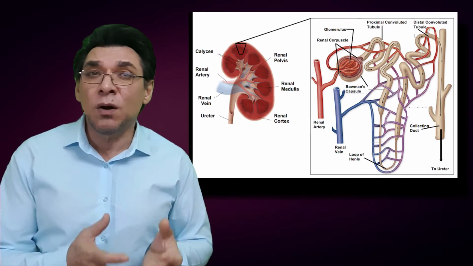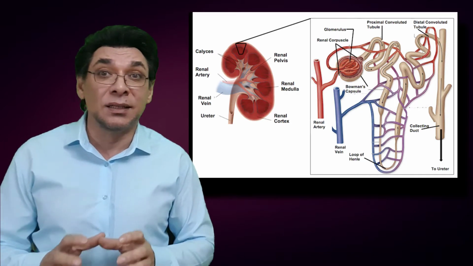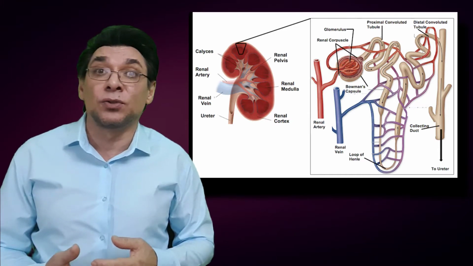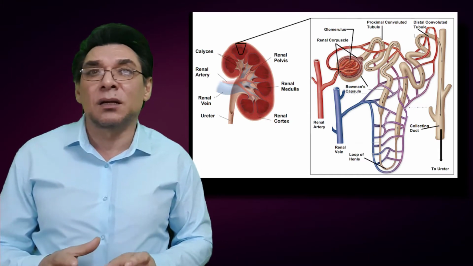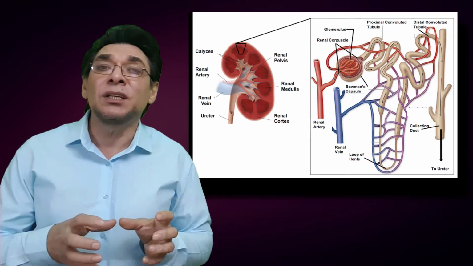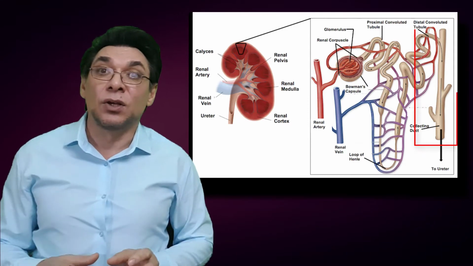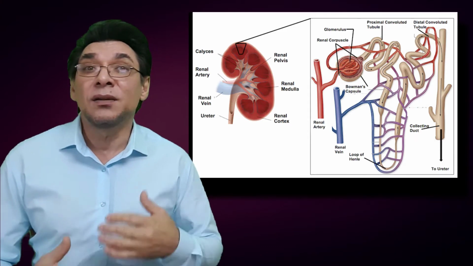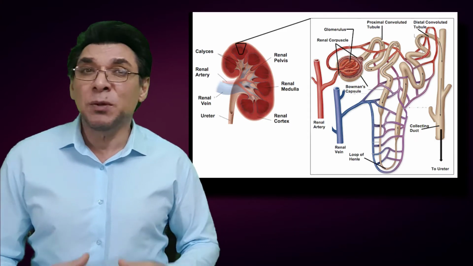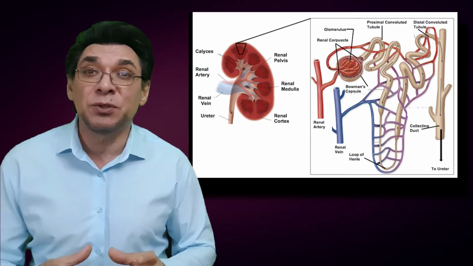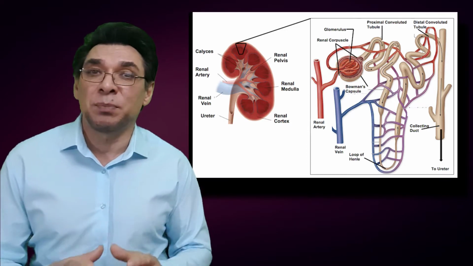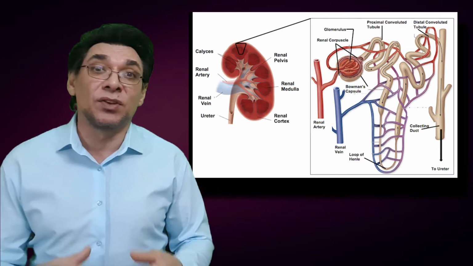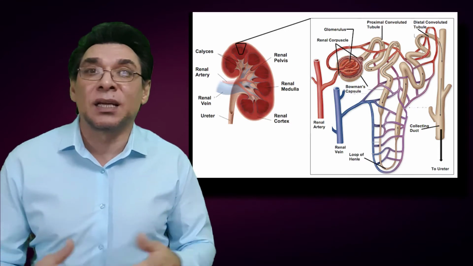The fluid flows through the ascending limb of the loop of Henle to the distal convoluted tubule. Several distal convoluted tubules empty into a collecting duct, which carries the fluid from the cortex through the medulla. Multiple collecting ducts empty into a single papillary duct, and the papillary ducts empty their contents into a calyx.